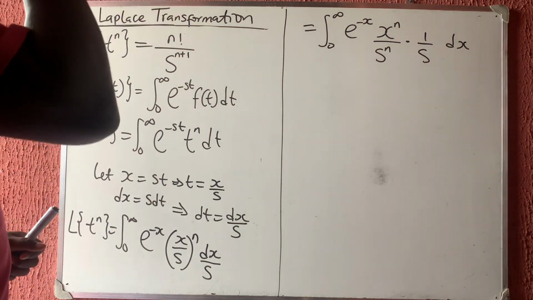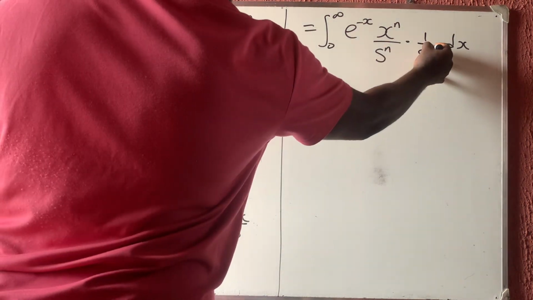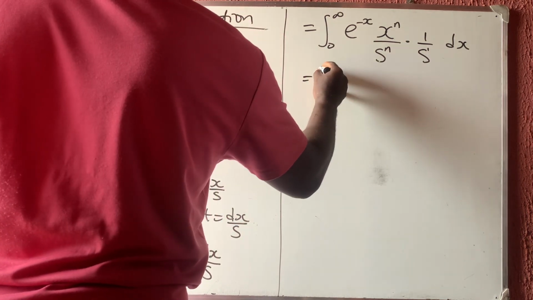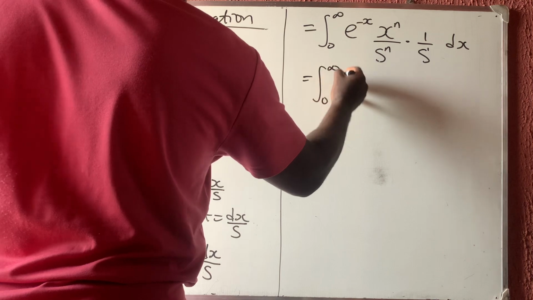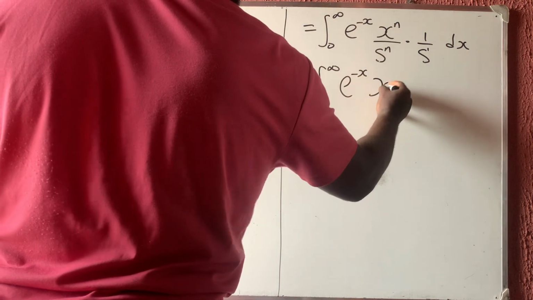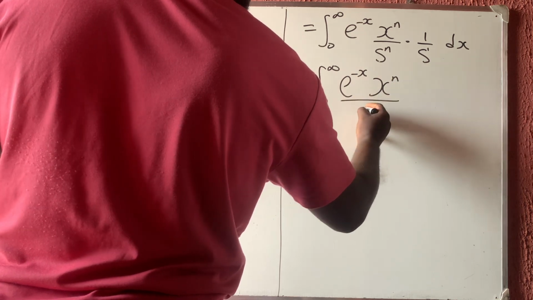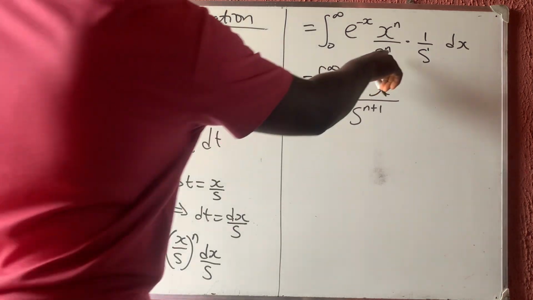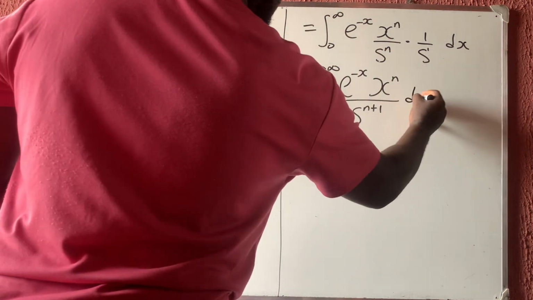Now according to the law of indices, the 1 over s is raised to power 1, so they can just add. This is going to be the integral from 0 to infinity of e raised to power minus x, then x raised to power n over s raised to power n plus 1. According to indices, add the powers if the bases are the same, the s.